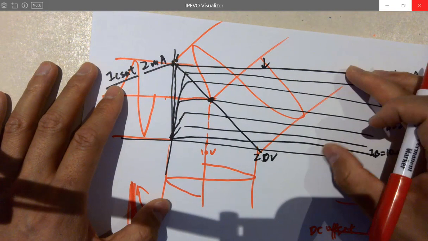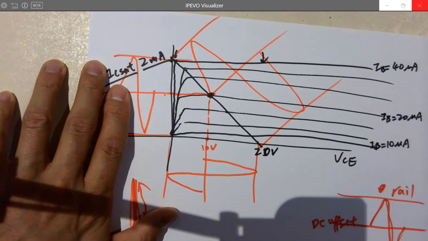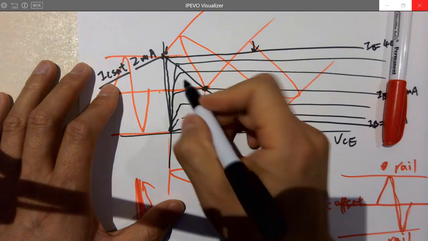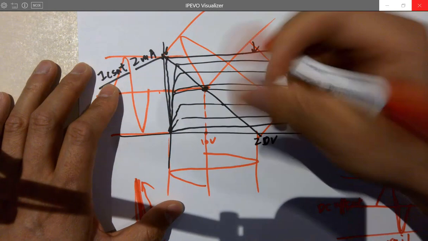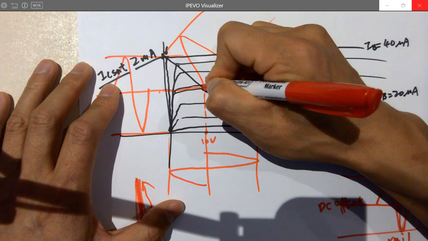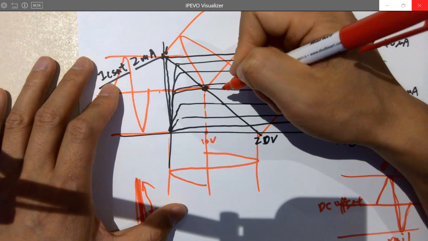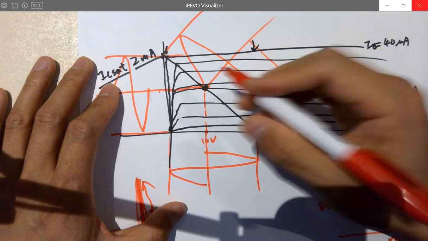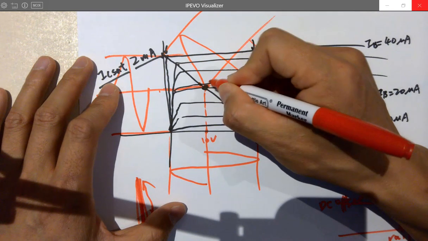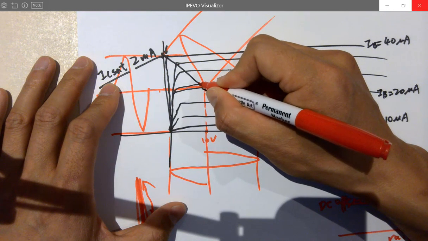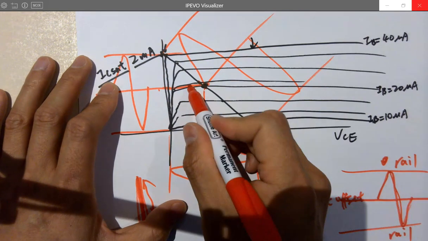How? All these IBs are different. I mean, there are an infinite number of IB curves. Whenever it moves back and forth, it's changing IBs, not linearly, but it's changing IBs. Not like from here to here it's 20 microamps, to here it follows this line.